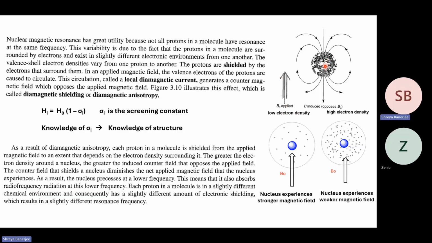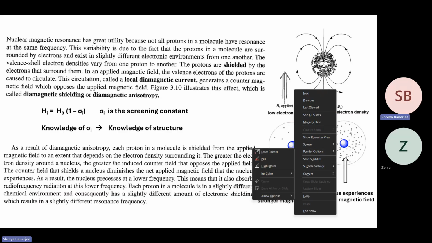You can see the plus sign shown here is the nucleus in the middle, and the cloud shown here is the surrounding electrons. When you apply a magnetic field, the electrons start to circulate, and we know that the direction of this will be opposite to the magnetic field. So if the applied magnetic field is upwards, the induced magnetic field, you can see this middle arrow, is downwards.